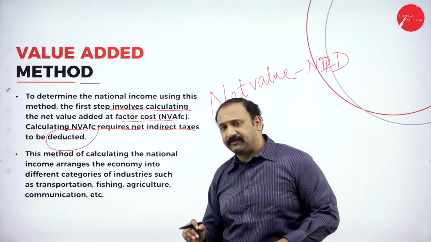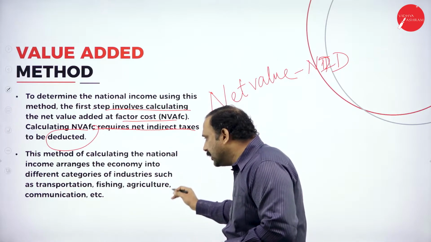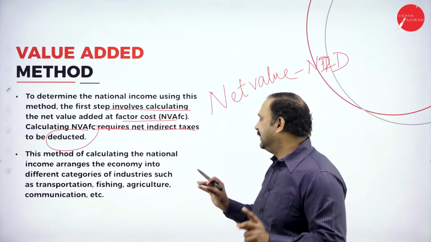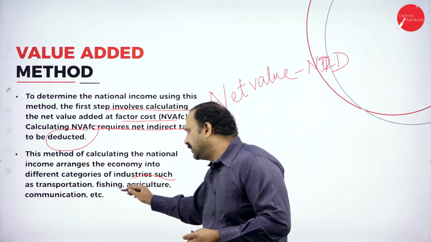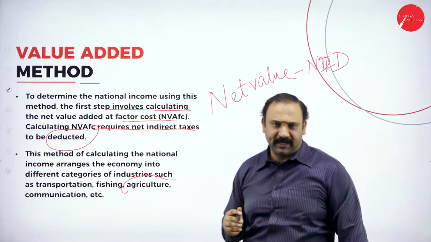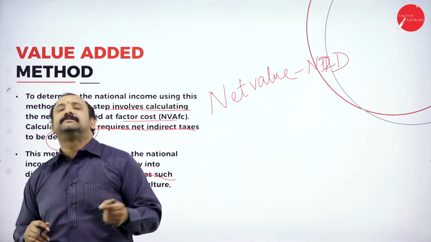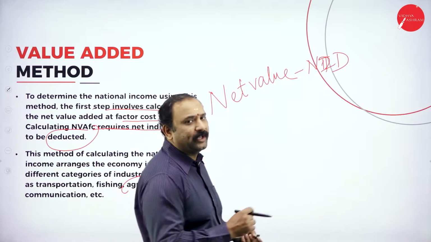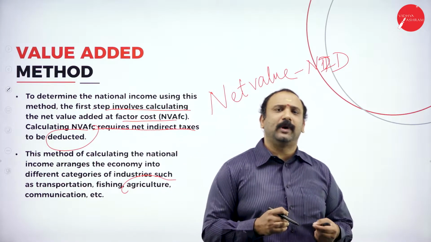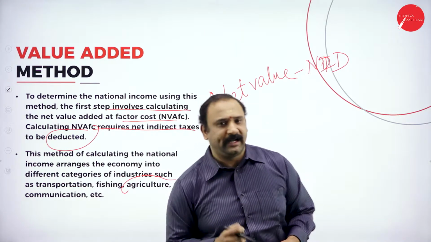This method of calculating the national income arranges the economy into different categories of industry, such as transportation, fishing, agriculture, communication, and so many other sectors. Now, why are we interested in this method of calculation? We already have an expenditure method, we already have an income method. So why are we so bothered about the value added method?